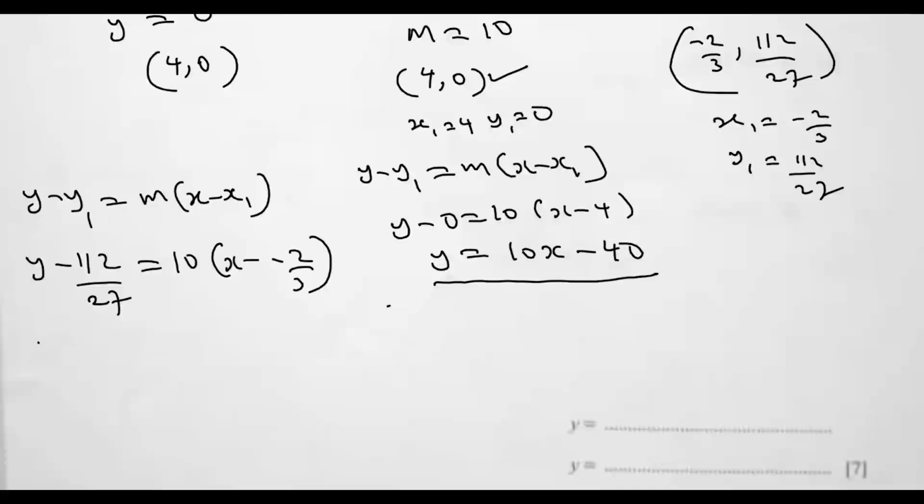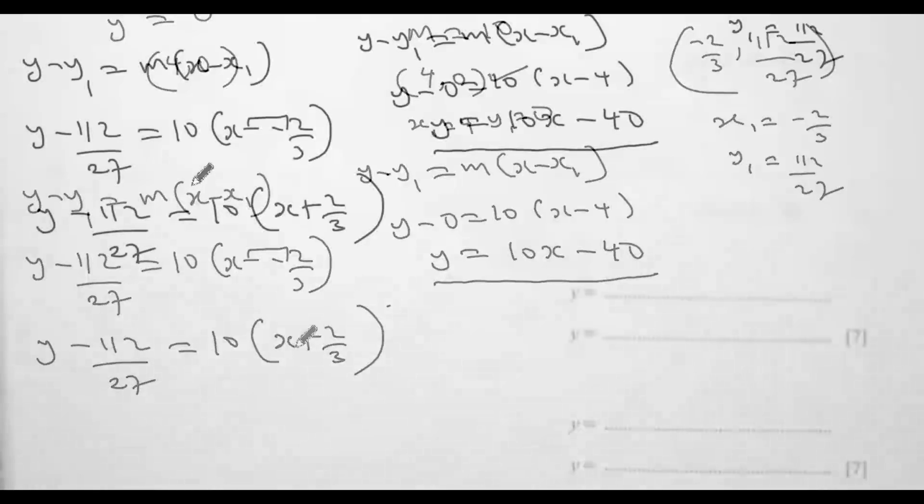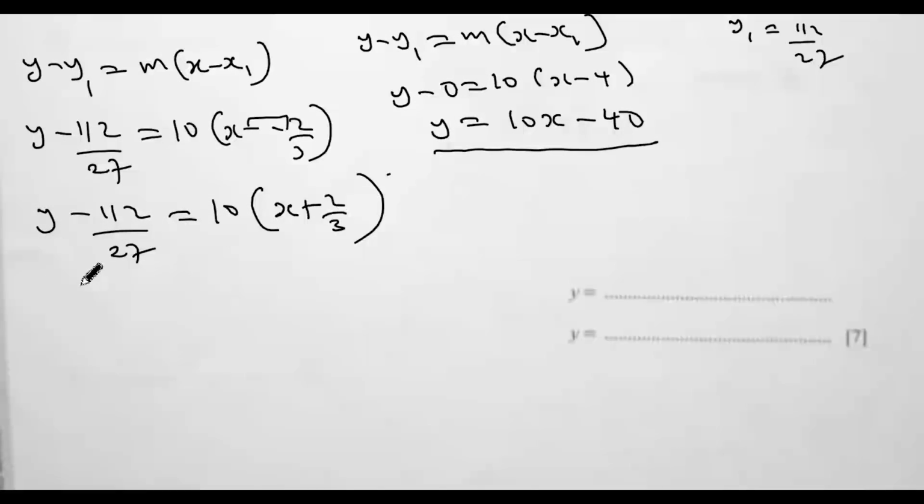So you can write this as y minus 112 over 27 equals 10 into, so these two signs will combine together to become positive, x plus 2 over 3. So we need to expand this. So that will be y minus 112 over 27 equals 10x plus 20 over 3.